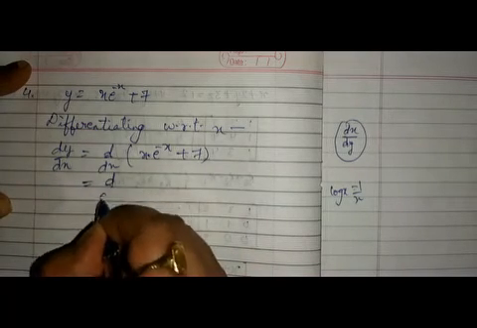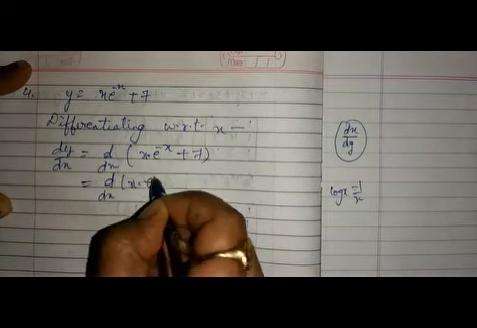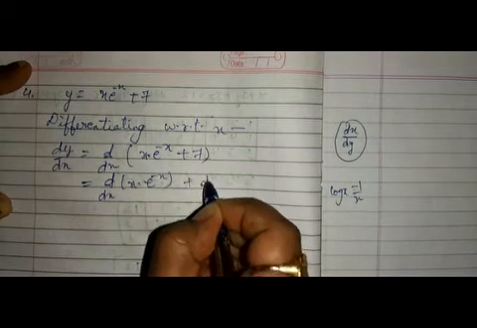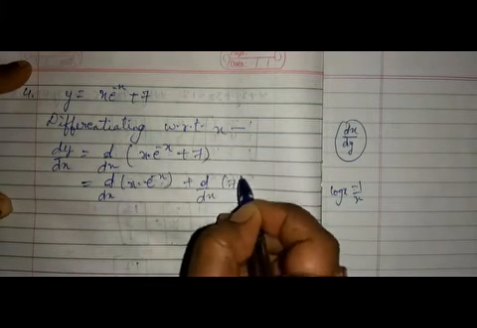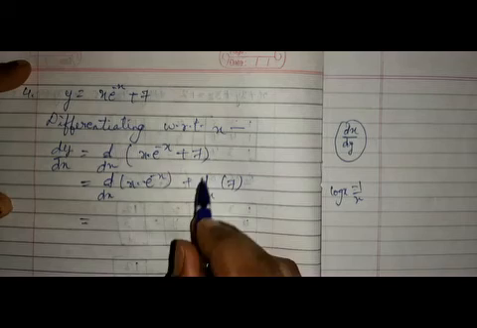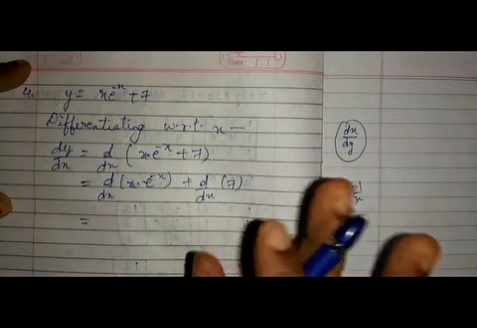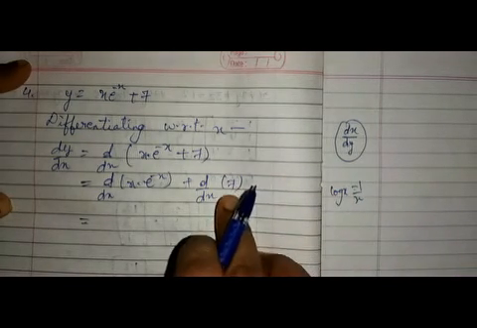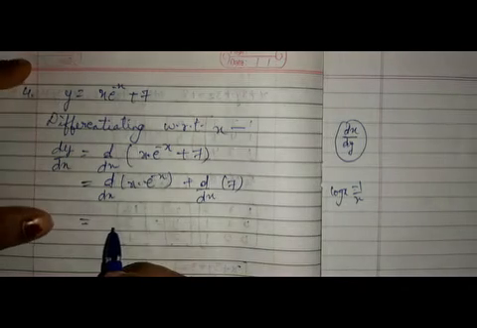Okay, separate, we get like this. Since 7 is constant, its derivative will become 0. So we will not write the derivative of 7. We will not write 0.